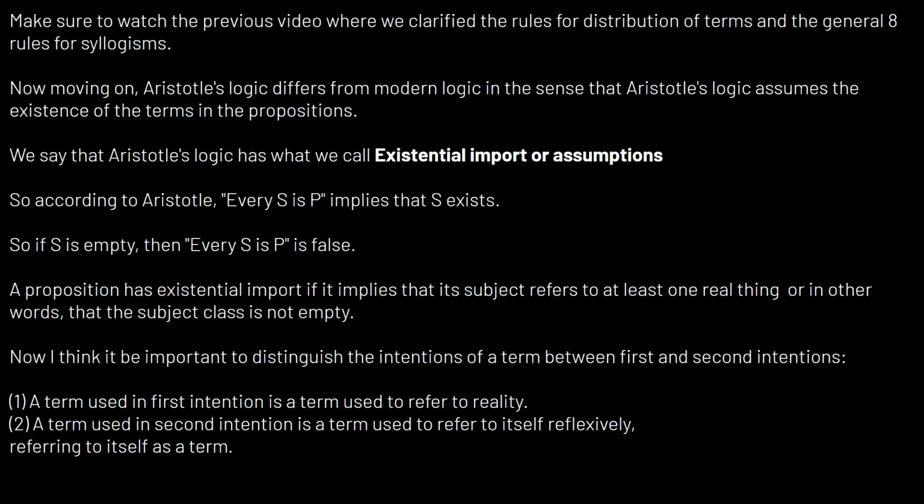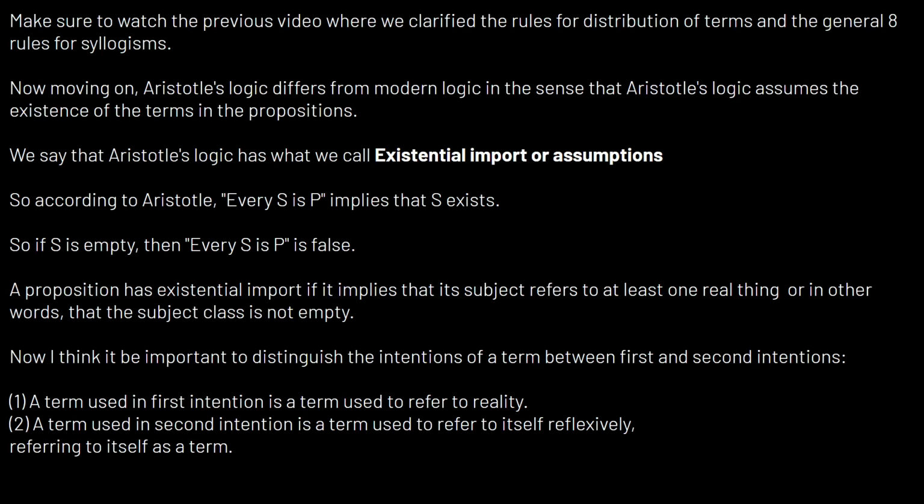Although we need to distinguish that Aristotle is saying that if unicorns do not exist in reality, then that statement is false. So a proposition has existential import if it implies that its subject refers to at least one real thing, or in other words, that the subject class is not empty, or that it exists.